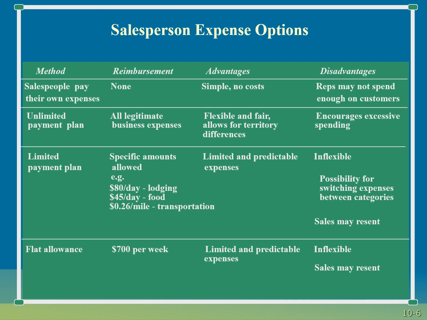But on the other hand, it encourages excessive spending. Since it's unlimited, they just keep spending, lavish spending, wasteful spending. Then that could be a problem. The expenses could be out of control. Yet some companies use a limited payment plan. I think more companies are using that limited payment plan.